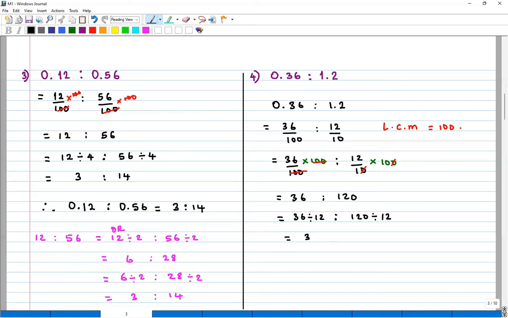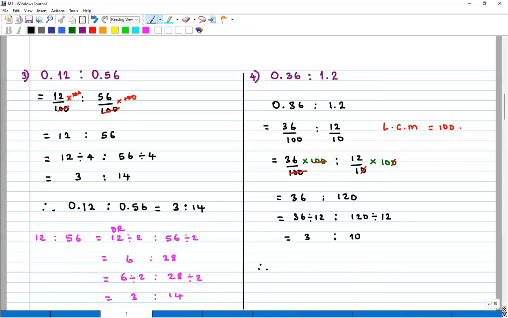And when we get 120 divided by 12, we are going to get 10. Now we get the ratio 3 to 10. Now we say that 3 to 10 is the simplest form.